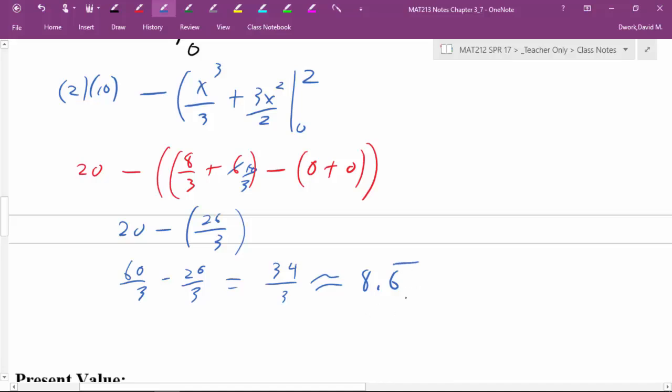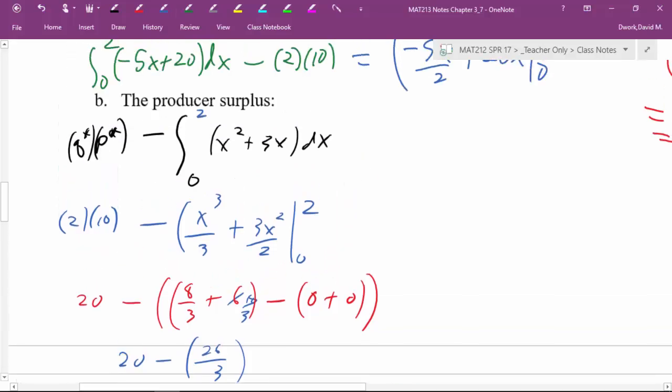So depending on what units these were, if this was dollars, we'd probably just call it $8.67. If it was millions of dollars, then you might take it out a little further, but you get the idea. So producer surplus is in units of $8.6 million, thousands of dollars, whatever the units are.